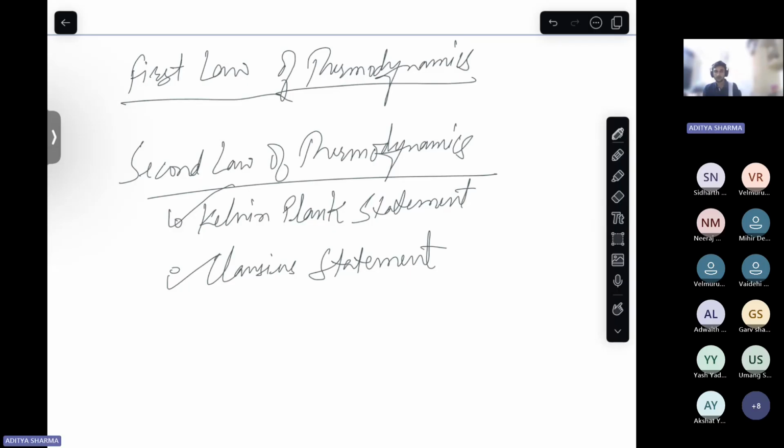So this is not possible. So 100% efficiency is not possible. This is your Kelvin-Planck statement.